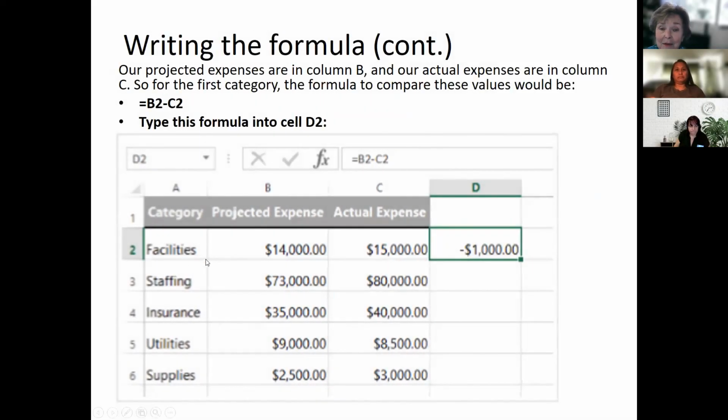So this is how it would look. You're going to take B and subtract C, and that's your answer. If the other way around, you didn't subtract in the right order. So if you thought you were going to spend 14, but you spent 15, your number needs to be negative because you are over this number.